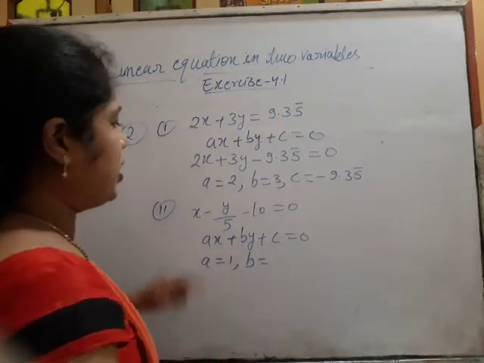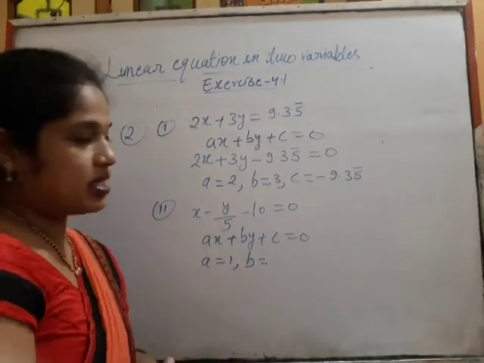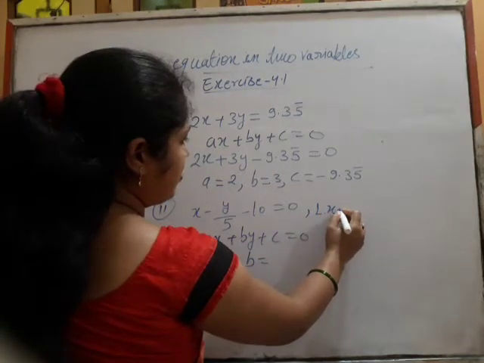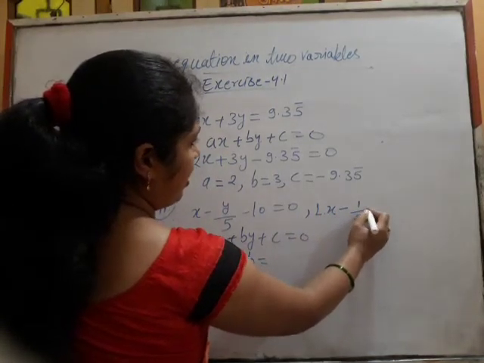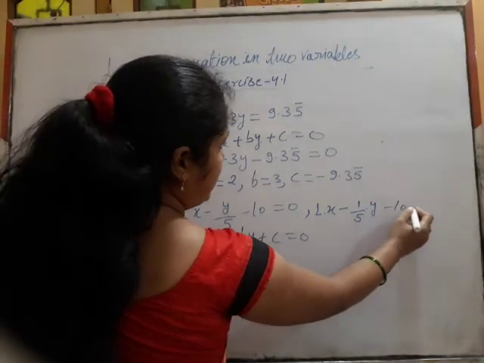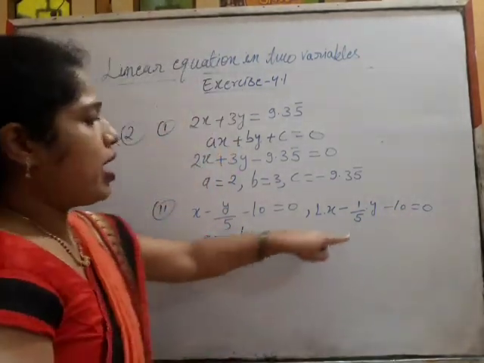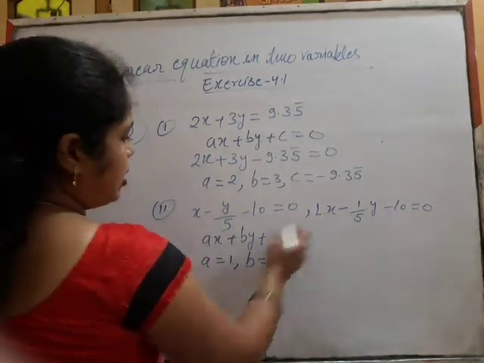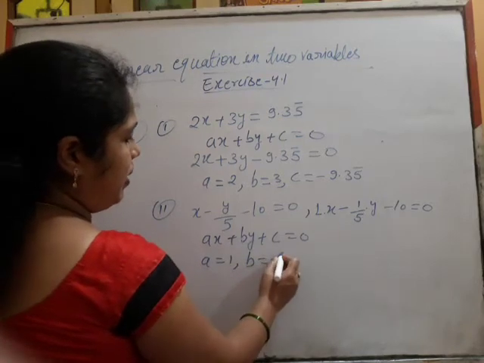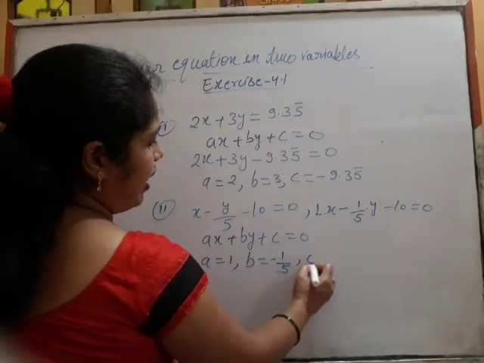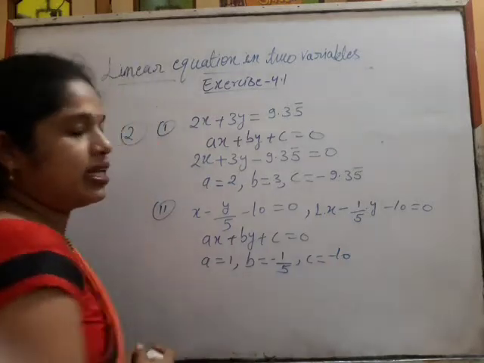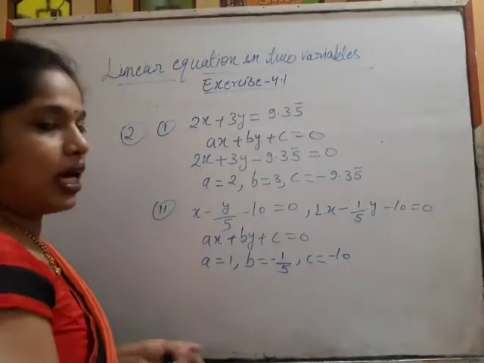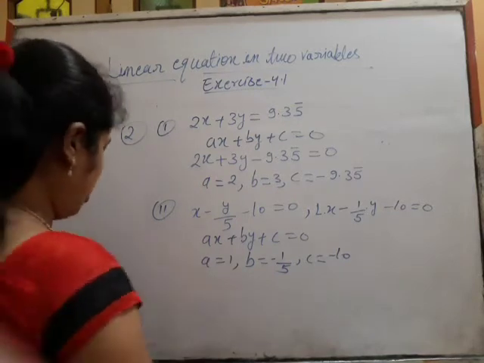Now what about b? It is y upon 5, so we can write this equation as 1 into x minus 1 upon 5 into y minus 10 is equal to 0. So a is equal to 1, b will be minus 1 upon 5 and c will be minus 10. This is how you can do the other parts of these questions also.